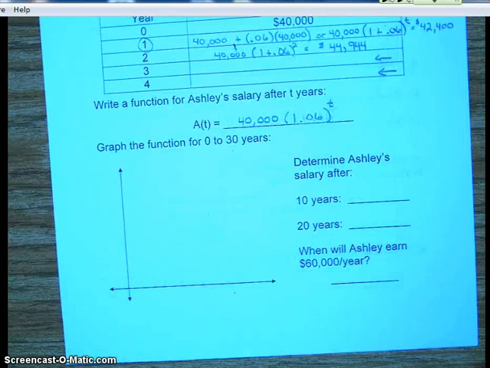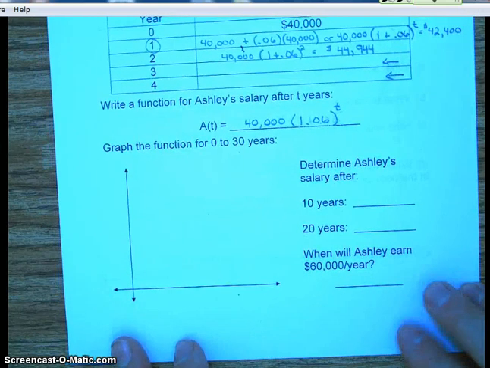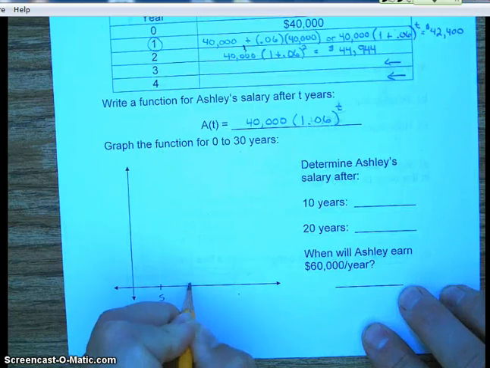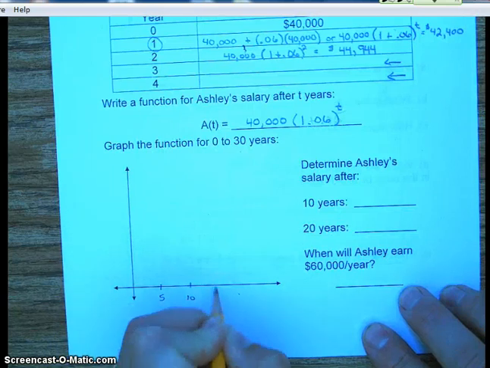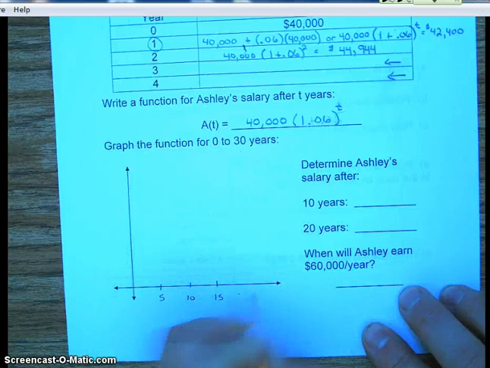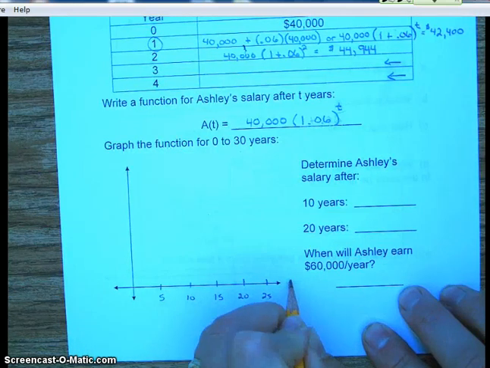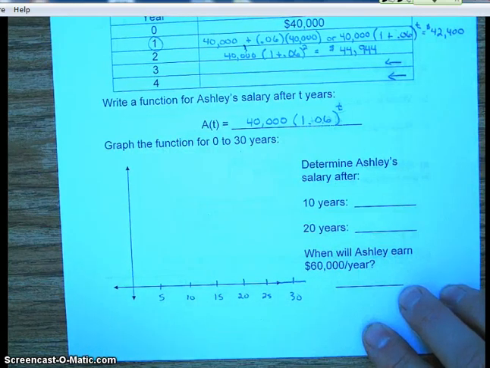It says graph the function for 0 to 30 years. Okay, so let's go ahead and count by 5s. Since time is independent, time's going to go on the x-axis. And let's see, 40,000.